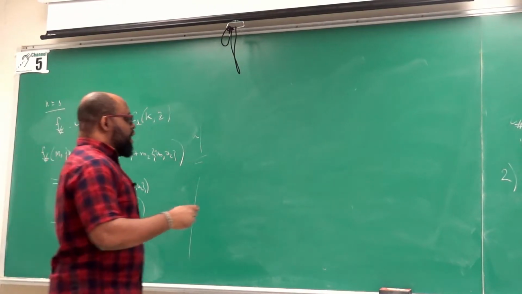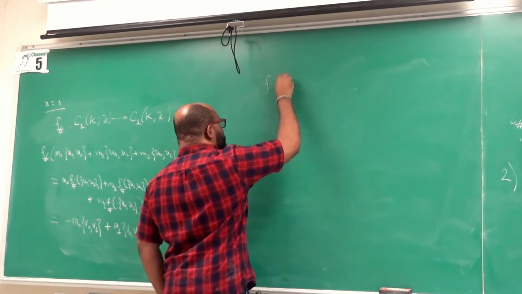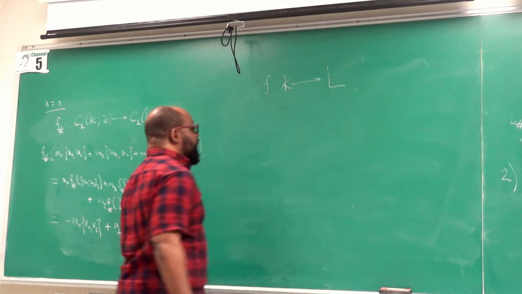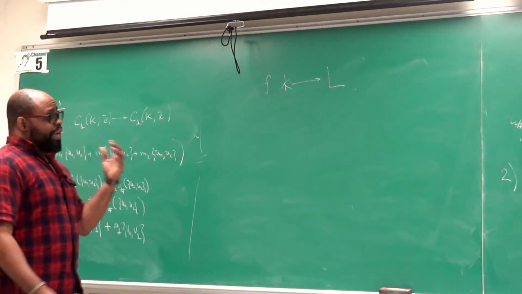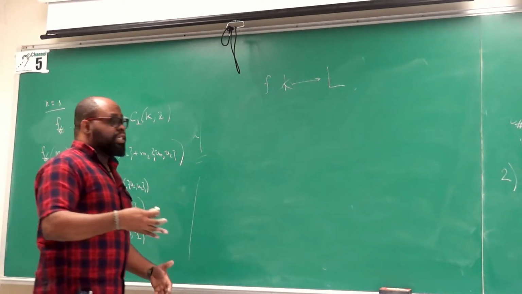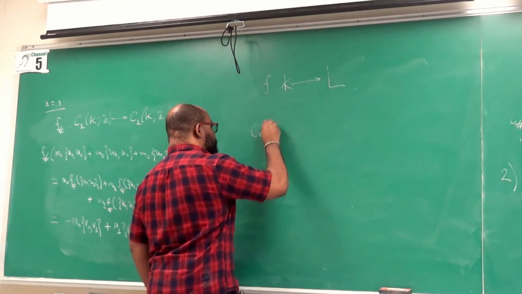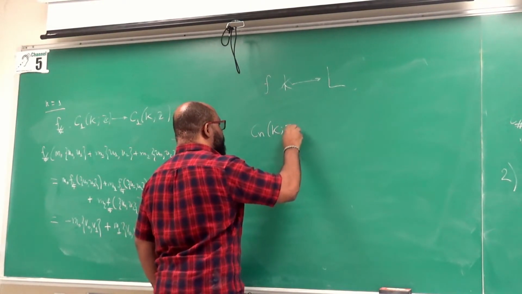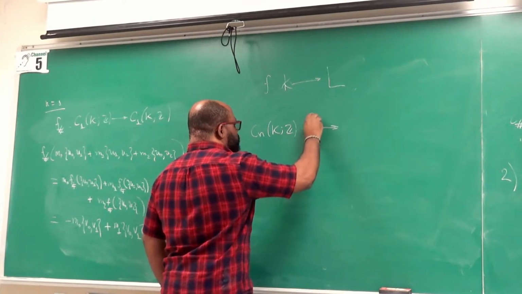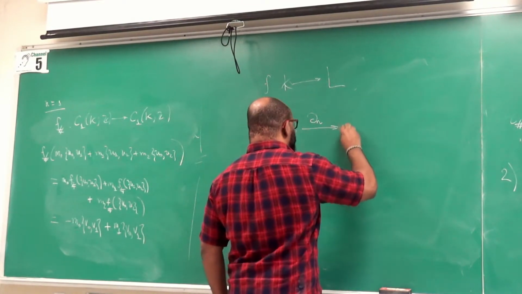Okay, so again, we start with our simplicial map from K to L. So we can do two things. The first thing is to look at the chains of K and what the boundary maps do.